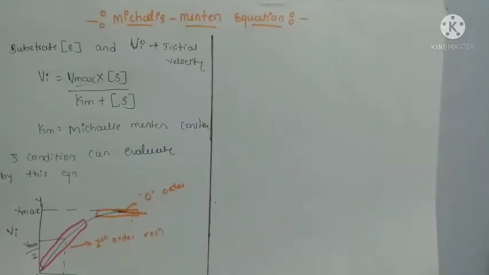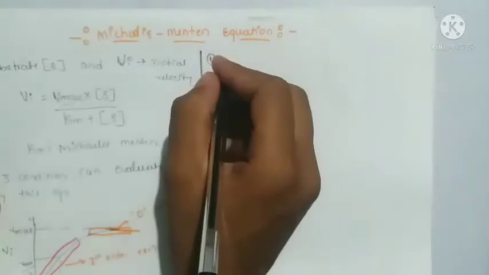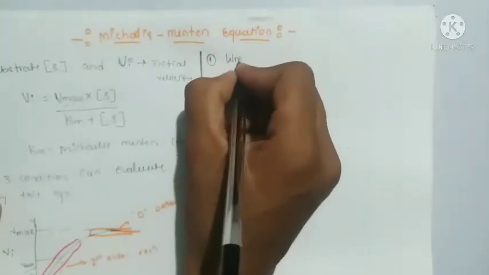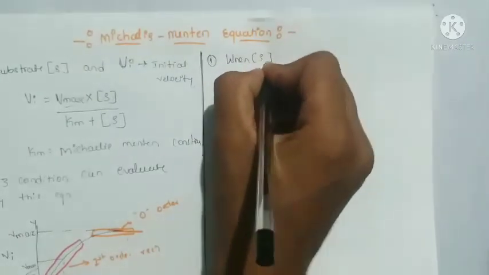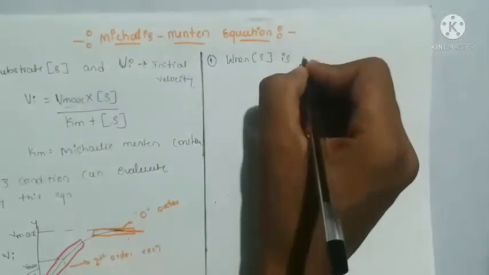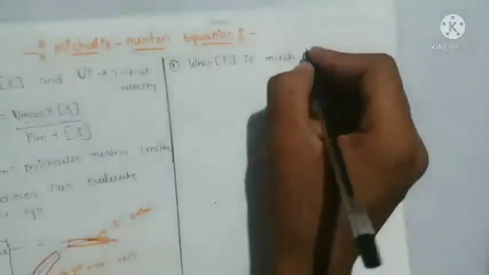Let us see these three conditions. First one: the concentration of substrate is much less than Km.